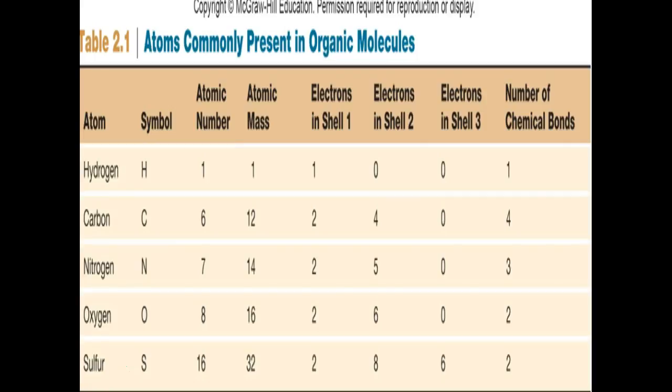The major elements are hydrogen, carbon, nitrogen, oxygen. Sulfur is also listed on this table.